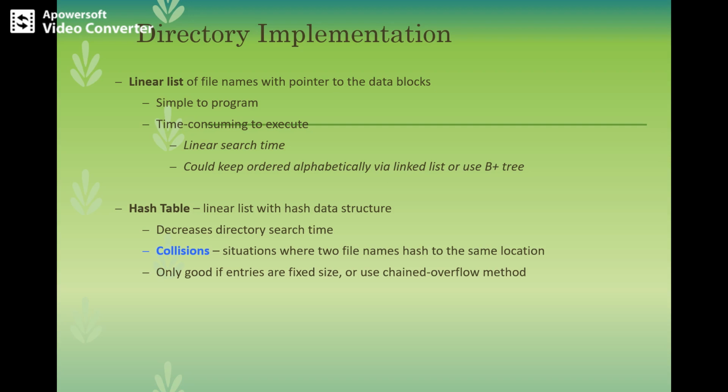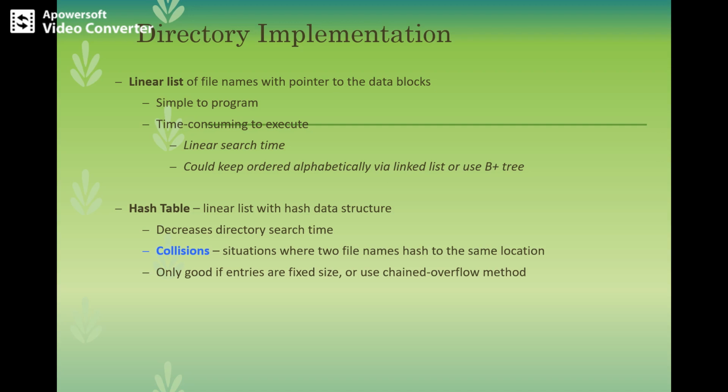To delete a file we search the directory for the named file and then release the space allocated to it. In order to reuse the directory entry we have to do several things. We can mark the entry as unused, with an unused bit in each entry, or attach it to a list of free directory entries.